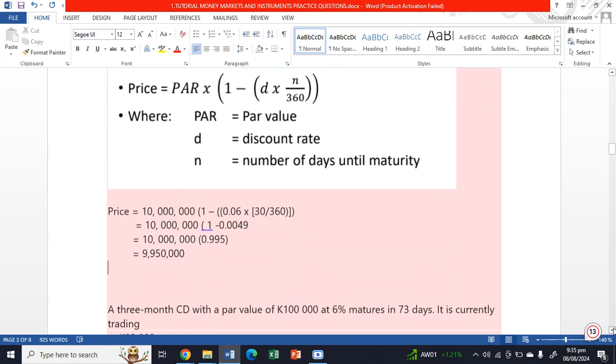So to find the interest that you've made, you just say 10 million minus 9,950,000, which is 50,000 interest. Any questions before we look at the next one?